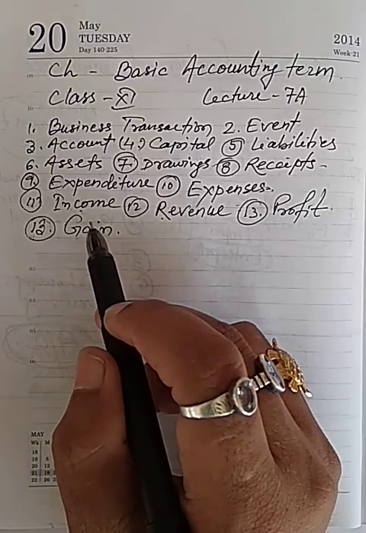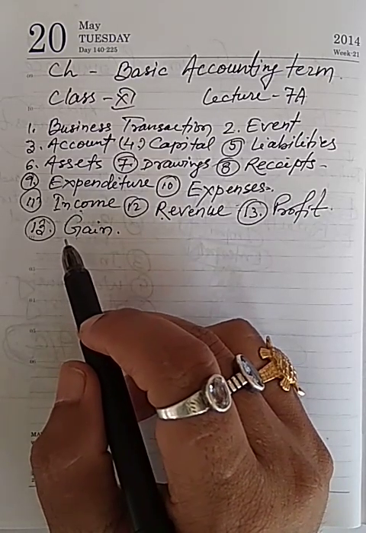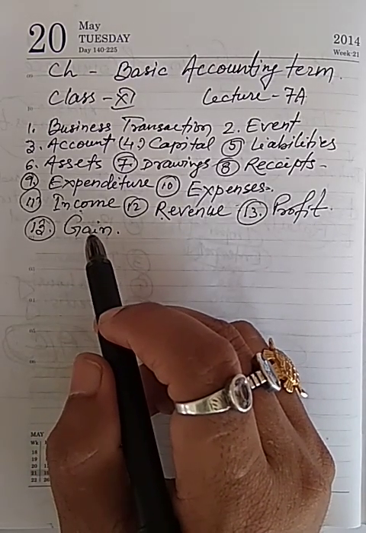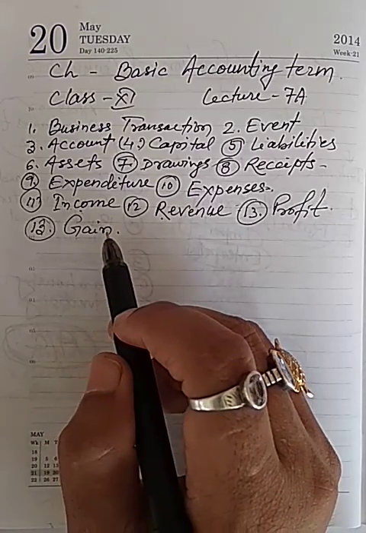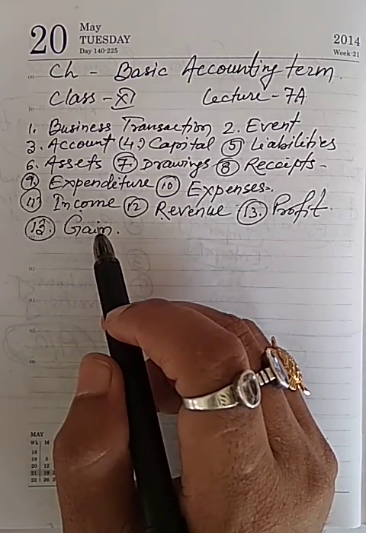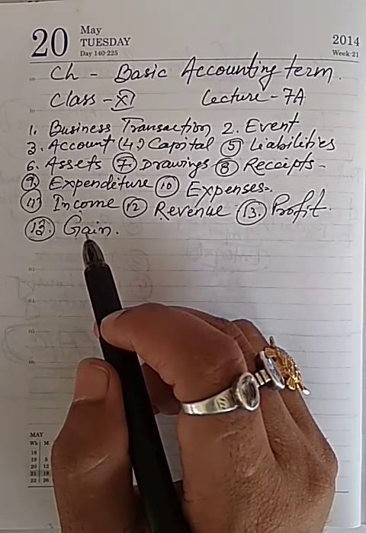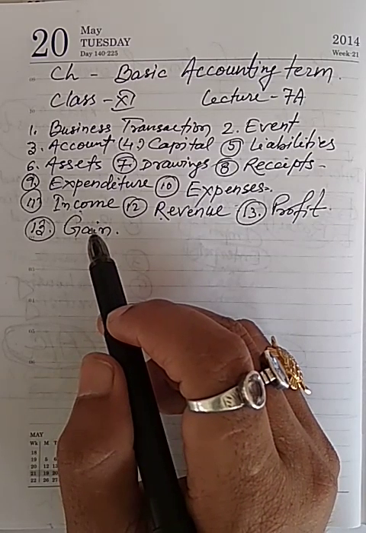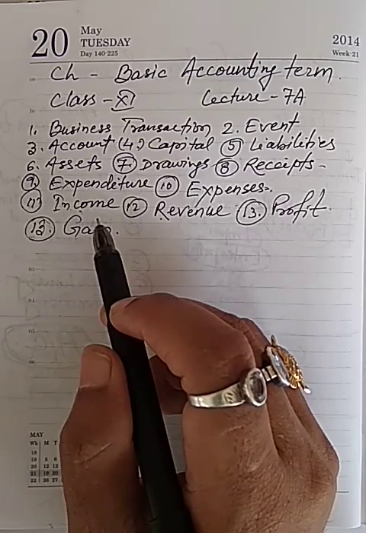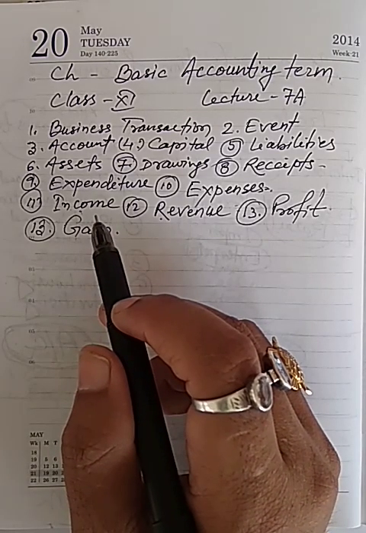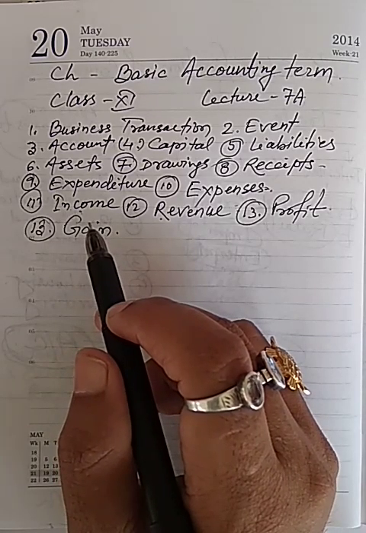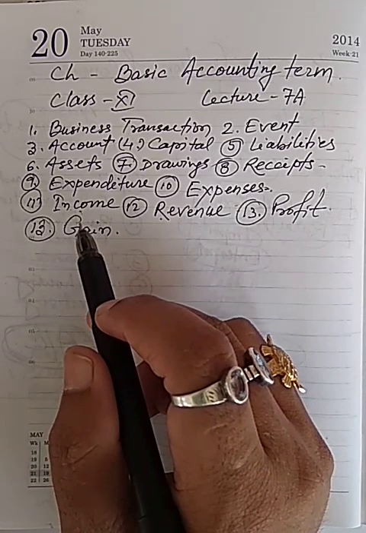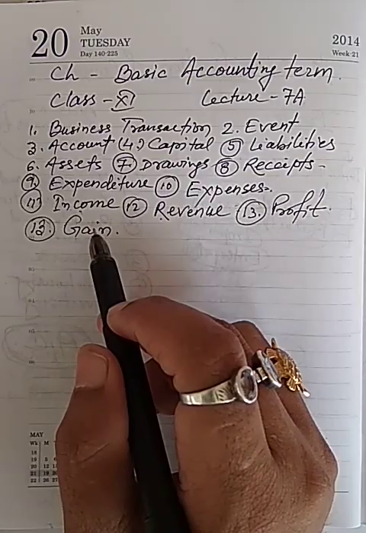For example, if a building costing 10 lakh rupees is sold for 12 lakh rupees, 2 lakh rupees will be gain on sale of building. Because I do not deal in buildings in business, I have some other business, but when I sold the building of the business, cost 10 lakh, for 12 lakh, 2 lakh rupees will be gain.